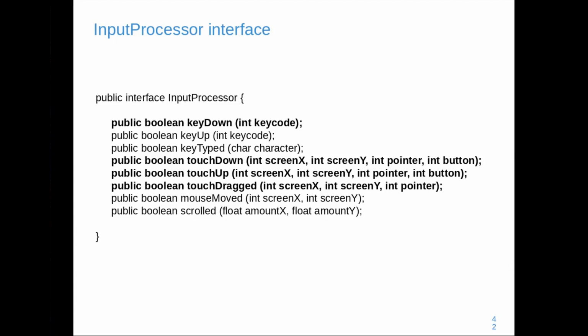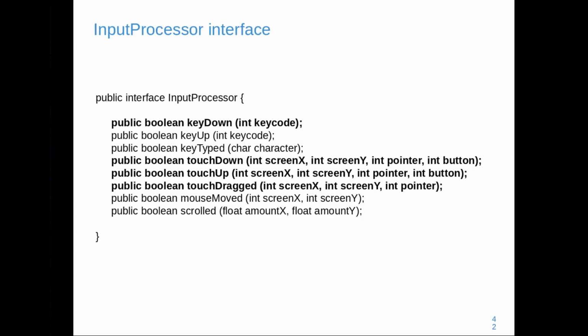Key down, key up, key typed, touch down, touch up, touch dragged, mouse moved, and scrolled. For instance, when I click the mouse button, the touchDown method is called, and it's only called once. And it's not called again until I release the mouse button and then click it again.